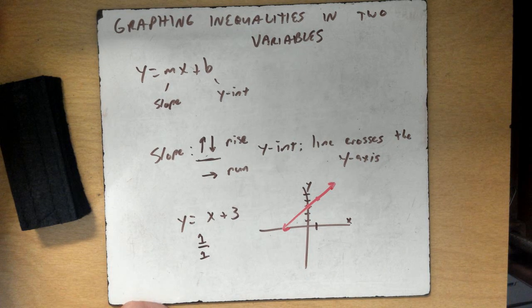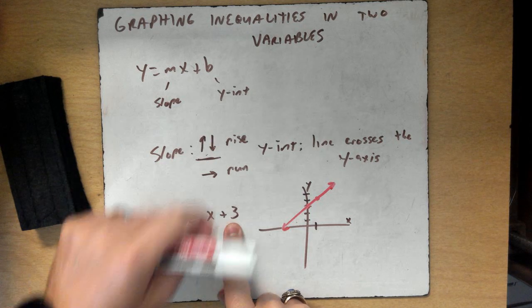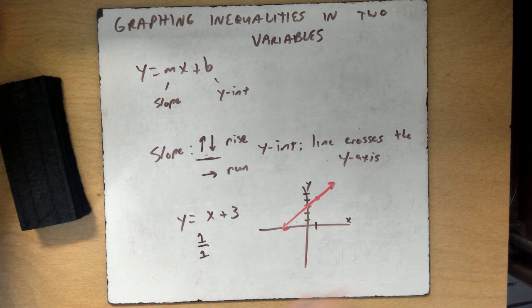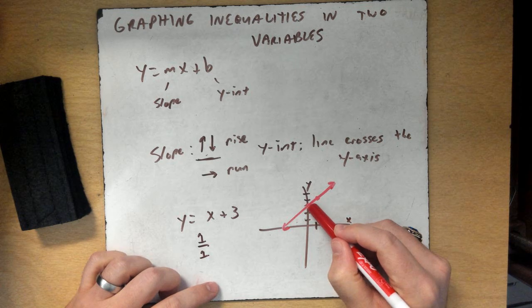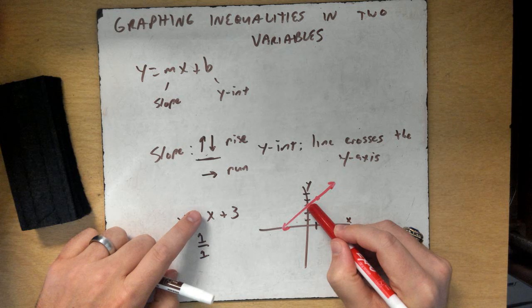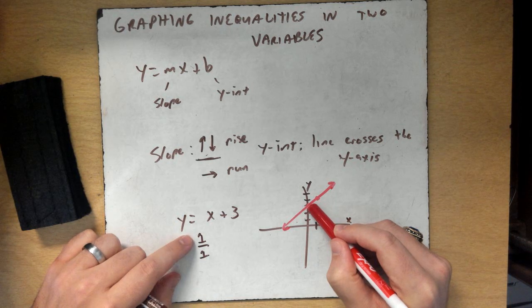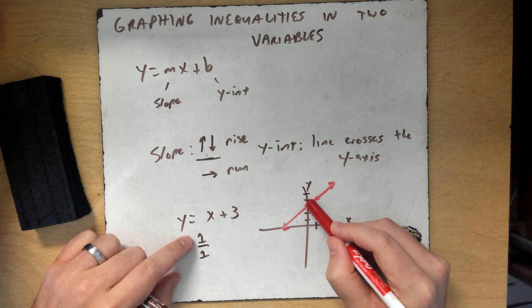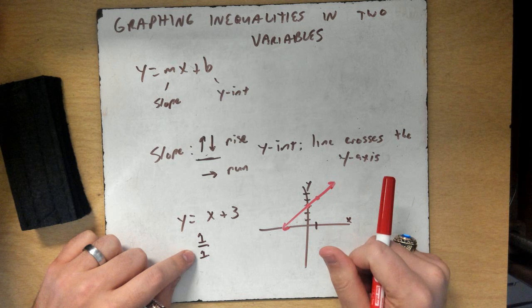So start here, remember, this is my y-intercept, at 3 on the y. If x is by itself, it's always 1 over 1. My 1 tells me to go up 1, and that 1 tells me to go over 1. That's my point. Draw my line.